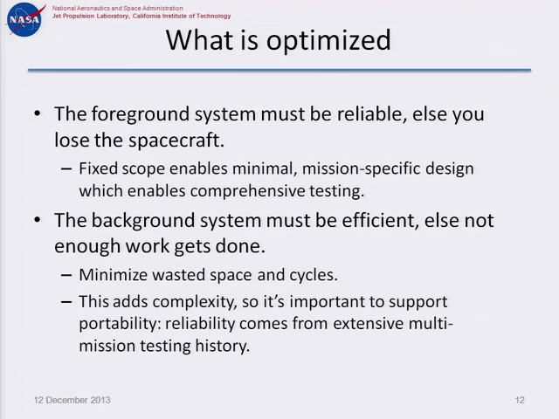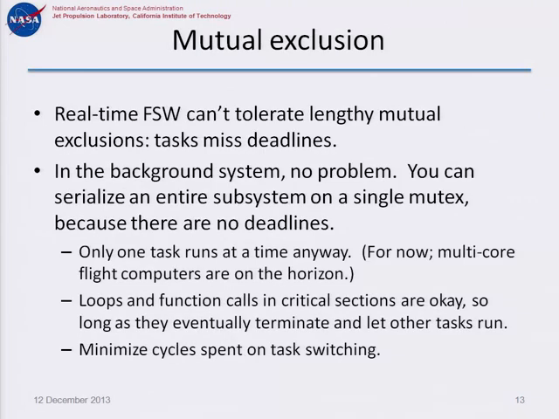That adds complexity, so that the background system may in fact be significantly more complex in many ways than the foreground real-time system. And because it's more complex, in order to be more efficient, it's important that it be portable, because your reliability may not come from absolutely comprehensive testing. Your reliability may come from reuse, from using it in a wide variety of environments and a large variety of missions. So testing and experience is really where you get the reliability.